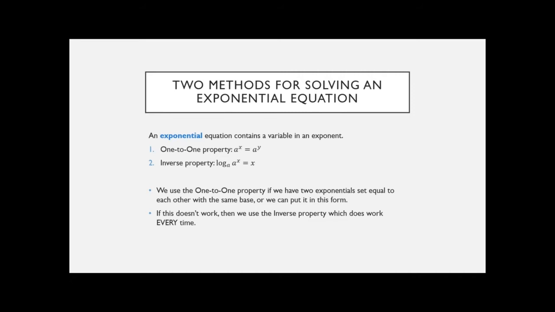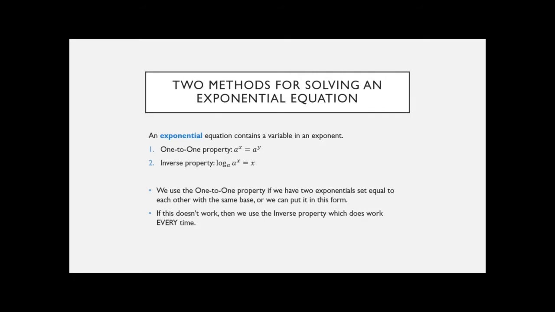The inverse property is sort of like when we learned about quadratic equations: you learned how to solve by factoring and all these different types of solving, but not all of them worked every time. Like factoring, you can't always factor, so then you have to try a different method. But the quadratic formula worked every time. The inverse property is like that.